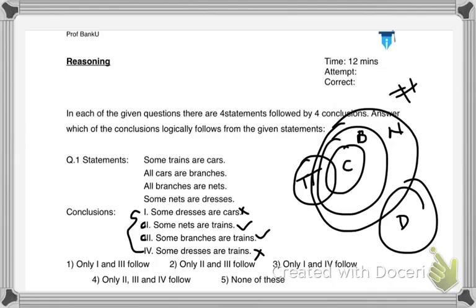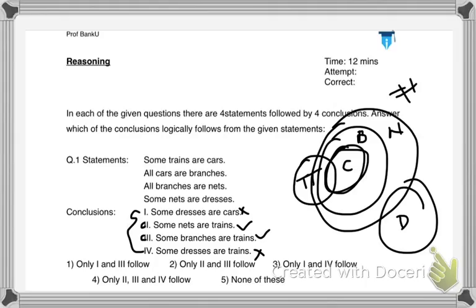And talking about second and third, your statement says that all cars are branches. Now you have a relation between trains and cars. Okay, some part of it is common, meaning trains and cars must have something in common. Then they are saying all cars are branches. Now all cars are branches, so the diagram will be this, that is all cars are branches, these cars, and these branches will be common.